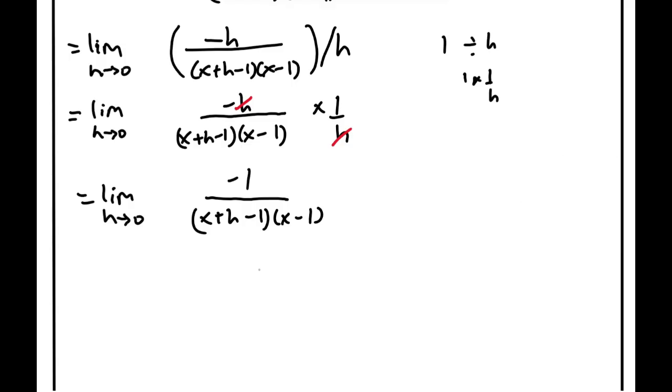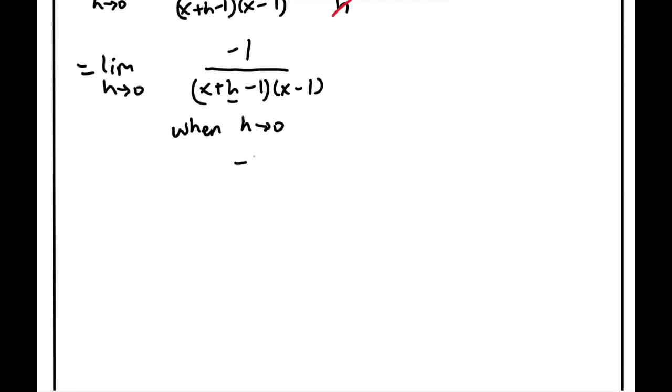Now notice that we still have h in the denominator. However, this h doesn't cause this to be division by 0. Therefore, we can go ahead and apply the limit. We'll say when h approaches 0, this becomes negative 1 over x plus 0 minus 1 and x minus 1.